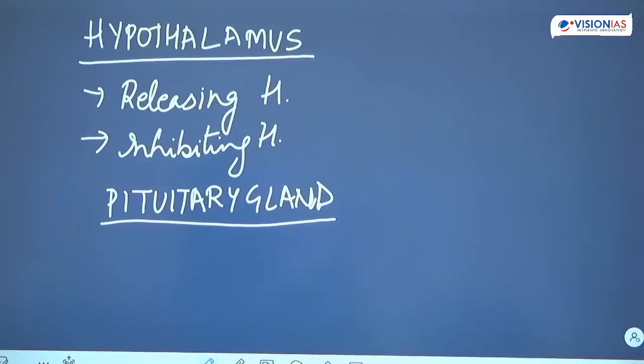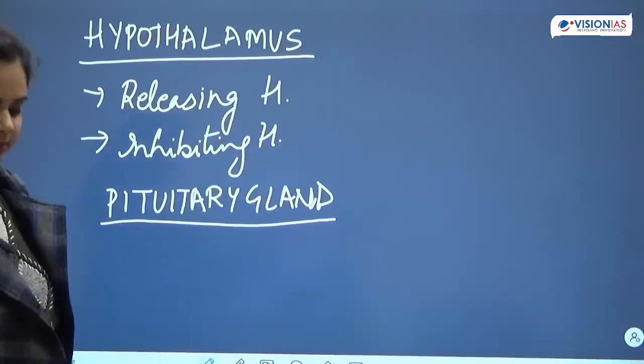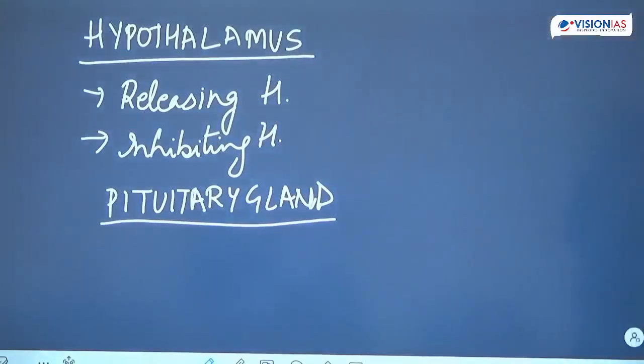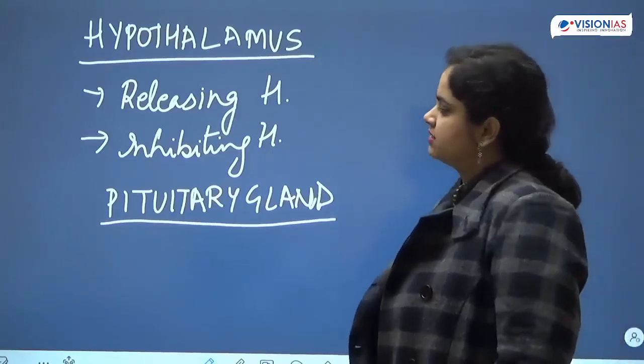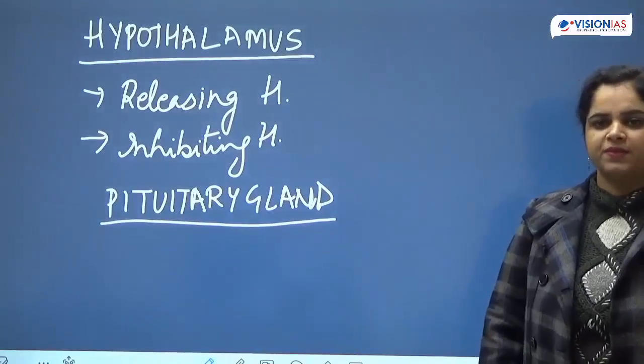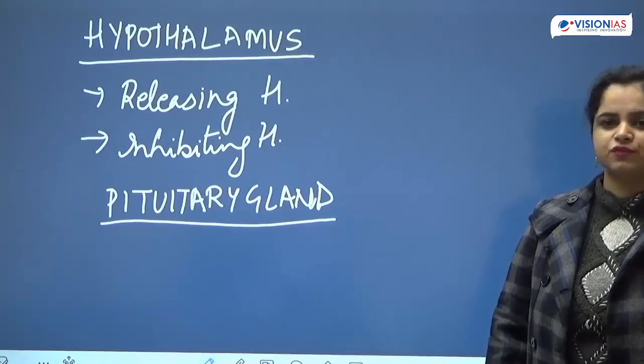It stimulates the secretion of hormones from the pituitary gland, and inhibiting hormone stops the secretions from the pituitary gland. Inhibiting hormone stops the secretion from the pituitary gland.